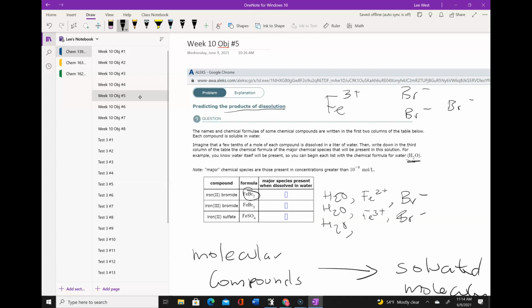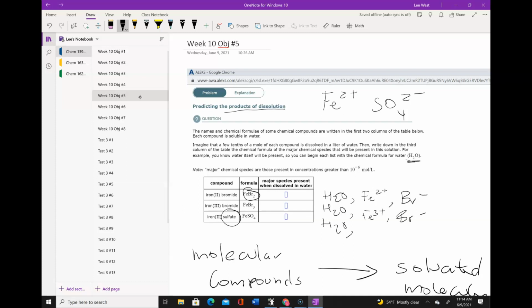Because these are all ionic compounds, I know that it's going to form a cation and an anion, and I just have to figure out what the cation and anion are. This is iron 2 sulfate. So the iron 2 tells me that it's Fe2+, and then sulfate is SO4 2-. I just looked up the formula for the sulfate anion in a table of polyatomic ions.